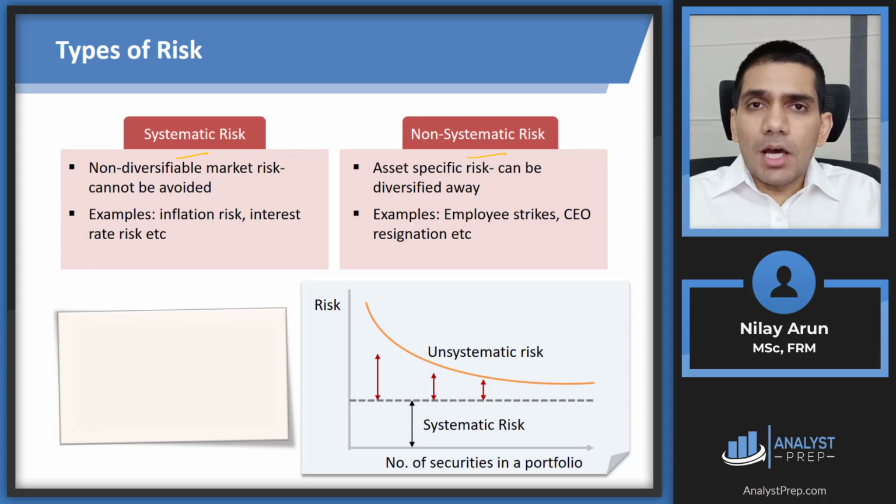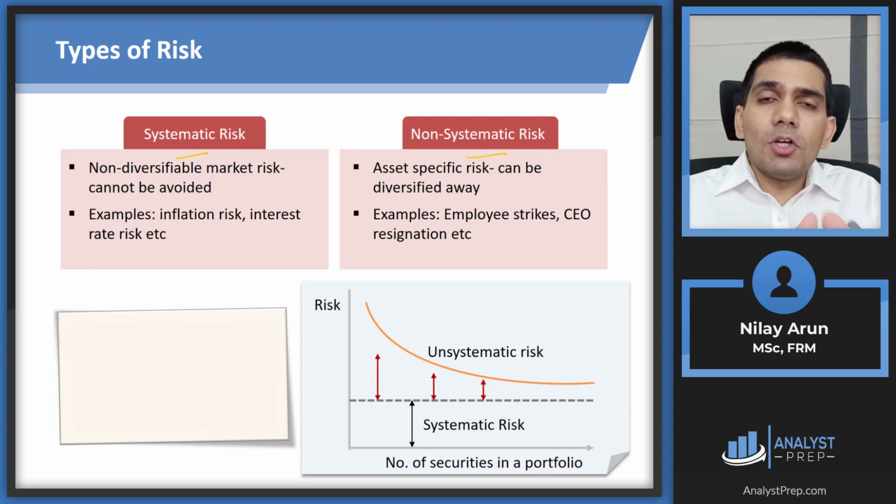Now, till now, the theory has been that the market is rewarding you for the total risk. That means the market has been rewarding you for both systematic as well as non-systematic risk. Now, the next thing that we change in the theory is that non-systematic risk is something that you can get rid of. So why should the market be rewarding you for that? So the point is that if you do not diversify, if you do not increase the number of securities in your portfolio, then it's your fault.